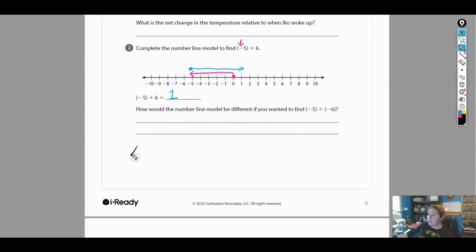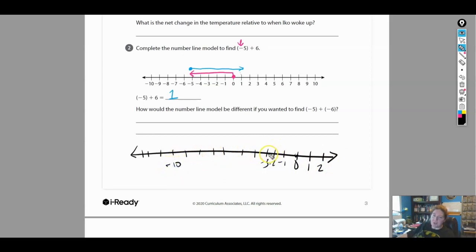So, let me draw a number line. And let me put some points in here. And I'm going to say, 2, 1, 0, -1, -2, -3, 4, 5, 6, 7, 8, 9, 10.